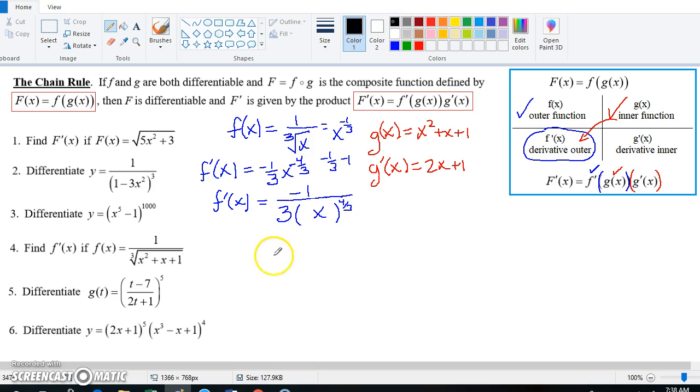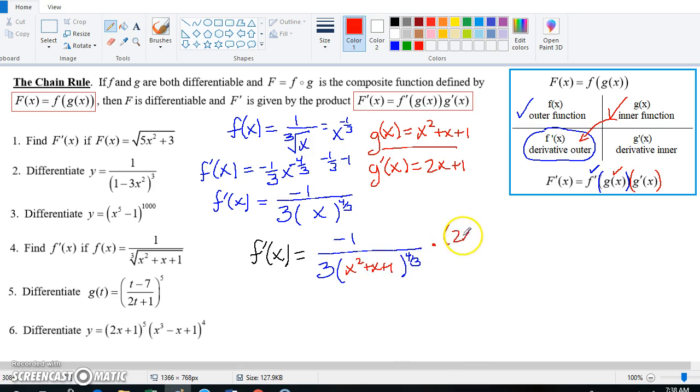Okay, let's compose our function. F prime of x is equal to negative 1 over 3 something to the 4/3 power. We compose that derivative with the inner g of x function, and we multiply by that inner function's derivative.